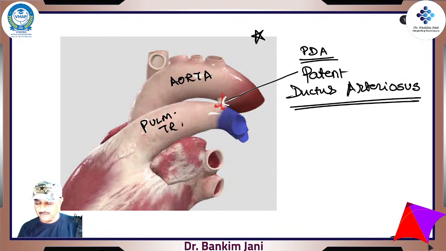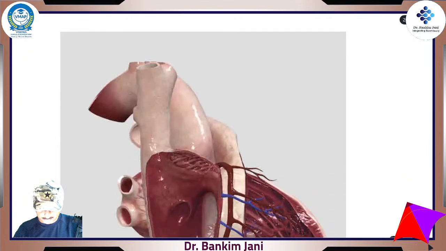So that is what is called the ductus arteriosus. But in the adult, if it remains open, that is called the patent ductus arteriosus. Yes, this is the answer: PDA, or the patent ductus arteriosus.